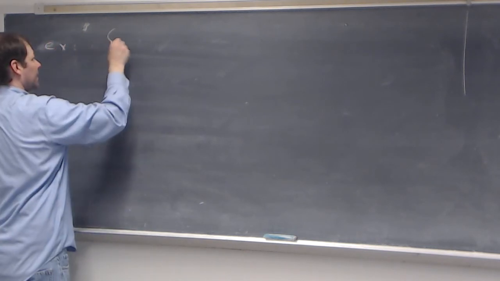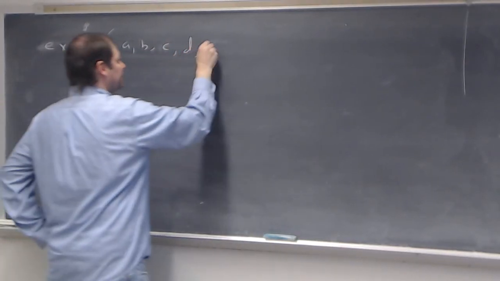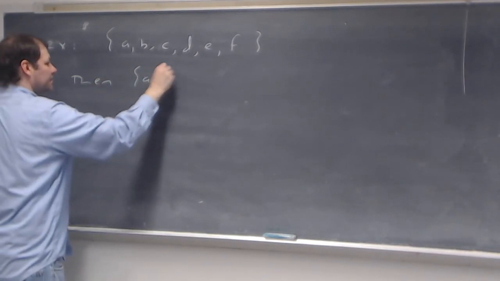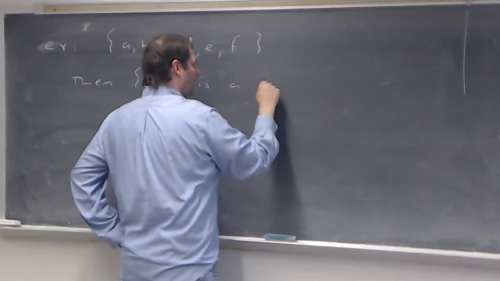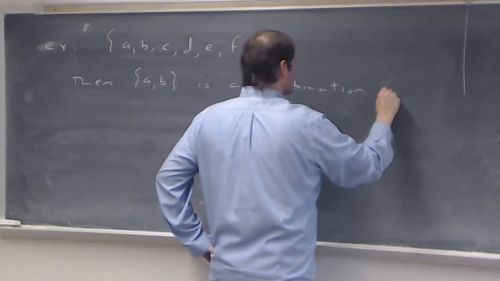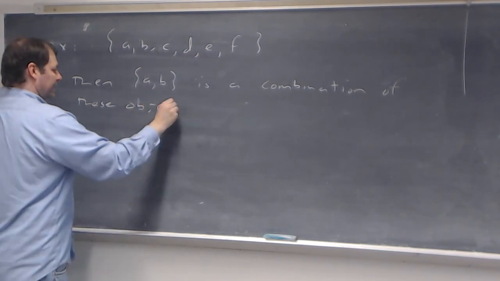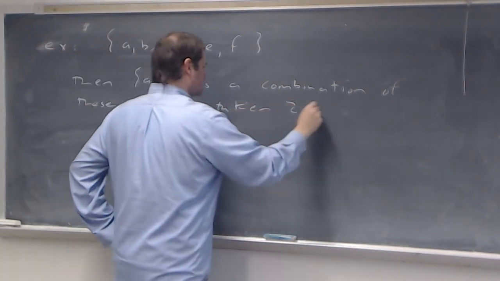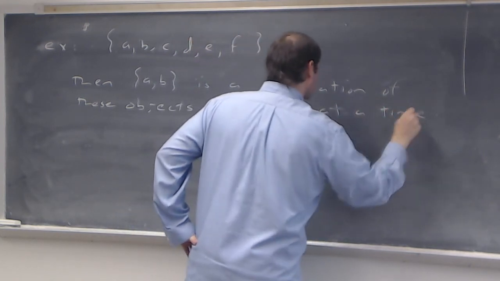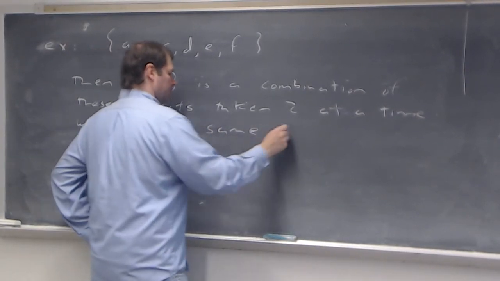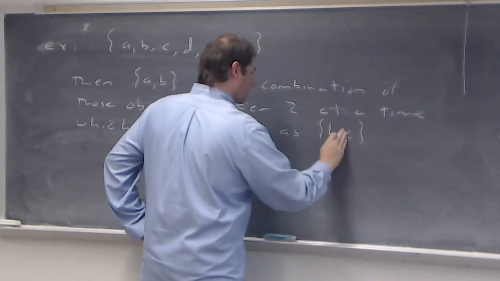Okay. So, as an example, if I had the letters A, B, C, D, E, and F, then AB is a combination of these objects taken two at a time, which is the same as BA.